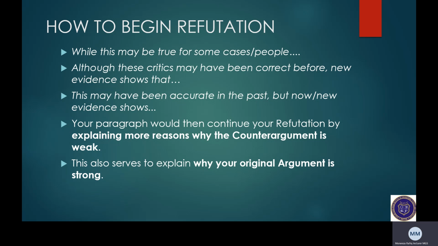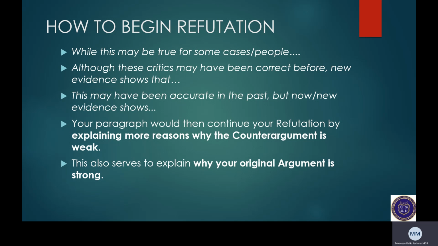So keeping in the same example, that education is the best way to solve the problem of drug abuse among youth, you've got this counter argument that some critics think that family ties are more important or they are the best way. Then you could say in refutation that while this may be true, or this may have been true in some cases, but majority of the critics or experts are of the opinion that education or literacy rates, they play a major role in countering drug abuse.